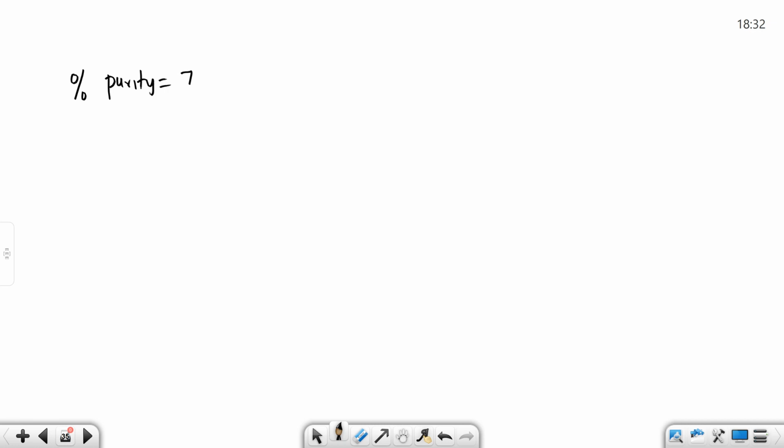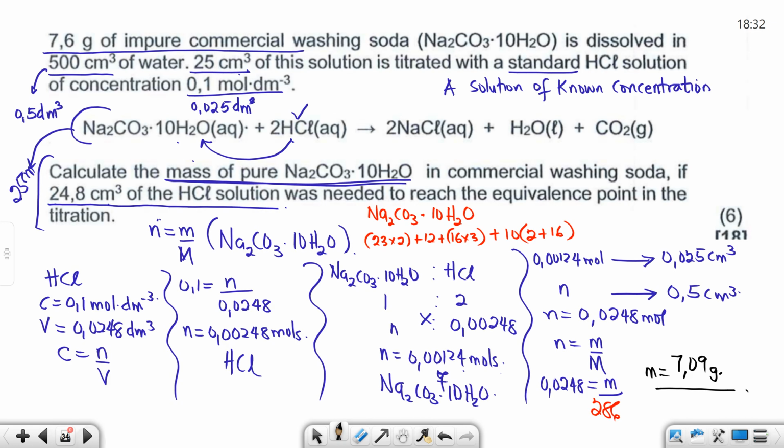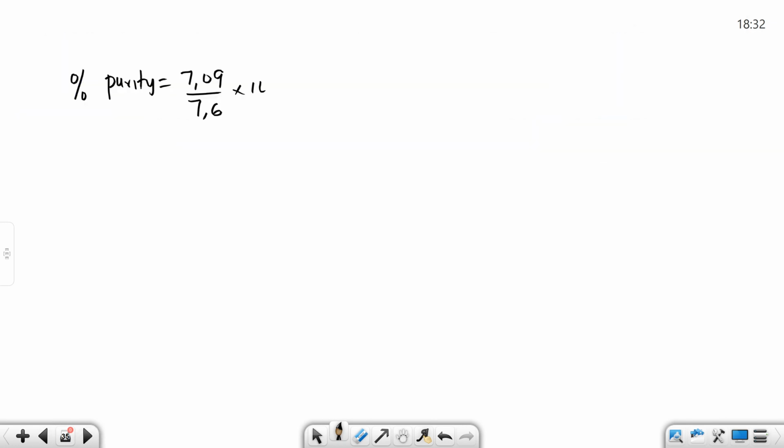Percentage purity would be 7,09 over the total sample, 7,6, and then multiplied by 100. What's your answer here? 93,29%.